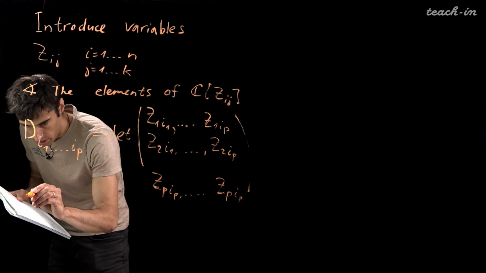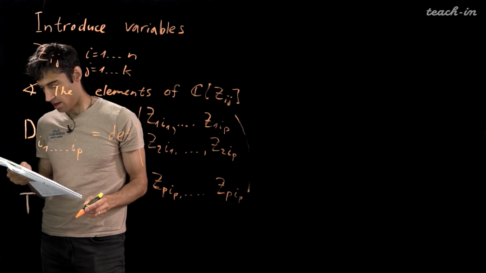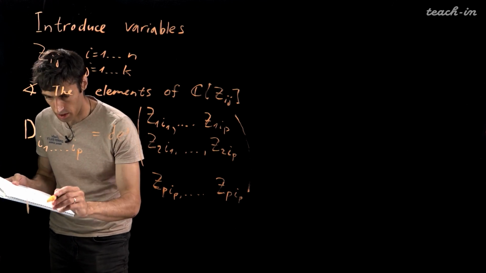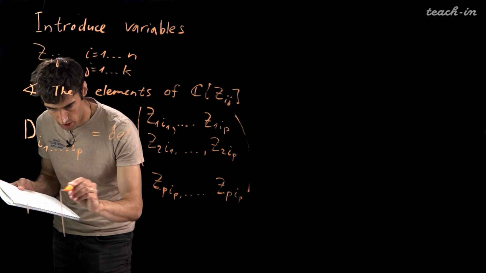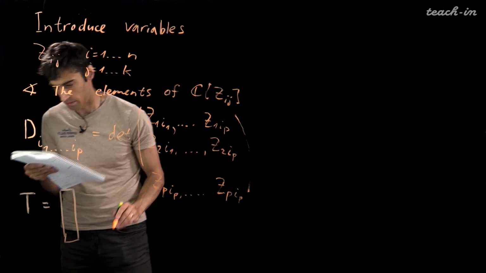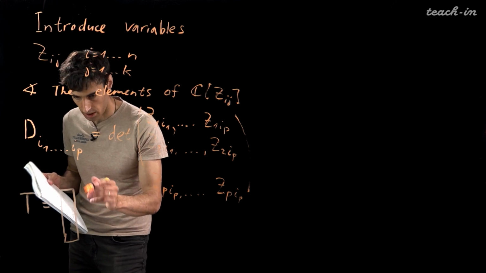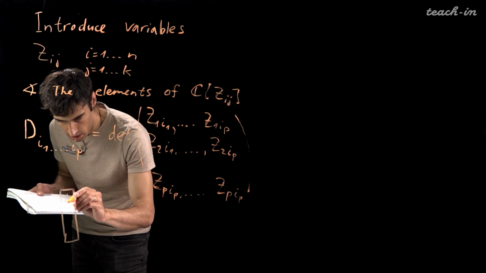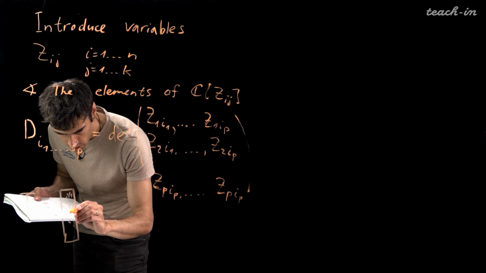And then if I have T, a Young tableau of shape lambda, again I need to label entries somehow. So labels of the first column will be i_1 1, i_2 1, and so on.